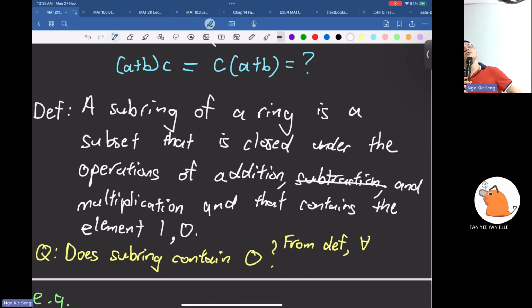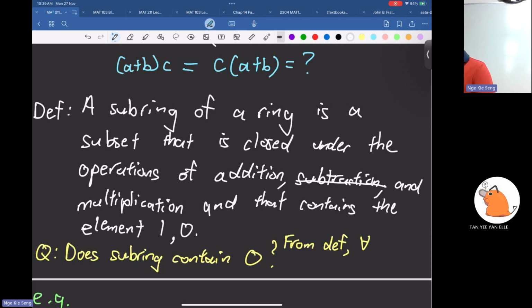But if I include subtraction, it depends on what this subtraction means. It doesn't say that every element should have an inverse.